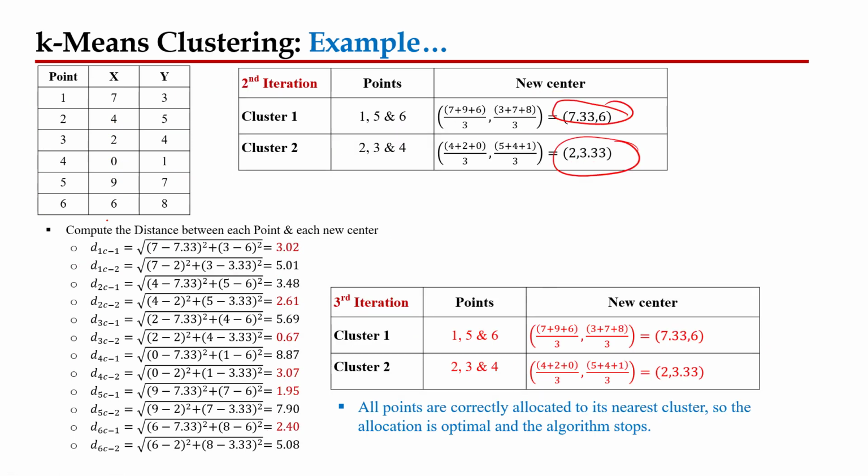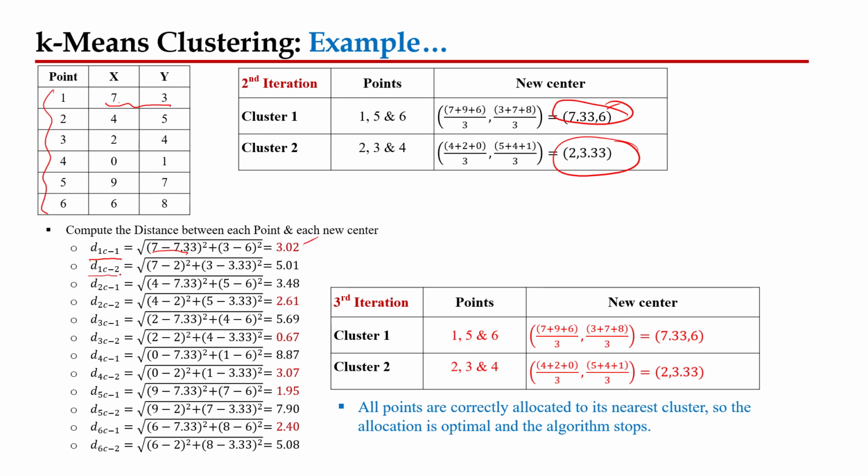Now again we are going to calculate the distance from every data point to these two new clusters. From point number 1 to cluster number 1, the distance is 7 minus the new center point 7.33, plus 3 minus 6 whole square, and taking the square root.